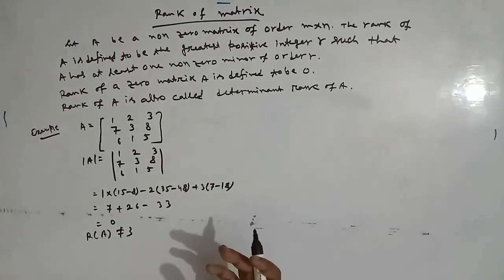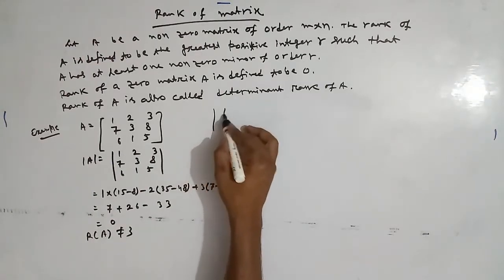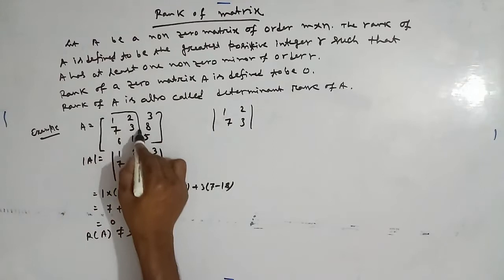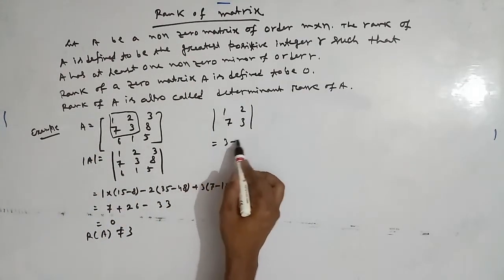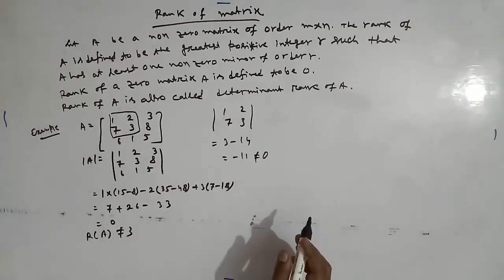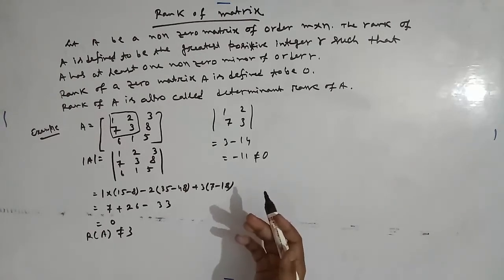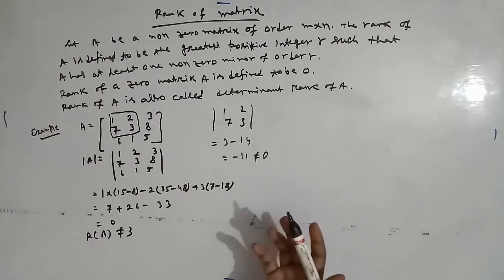You can take any second order minor. Suppose we take the minor 1, 2, 7, 3. This is a second order minor. The determinant will be 3 minus 14, that is minus 11, which is not equal to 0.